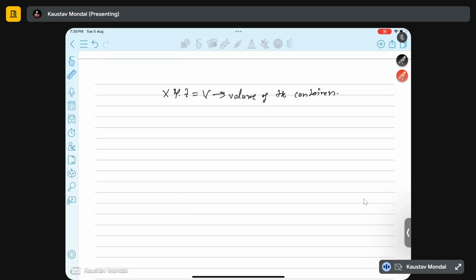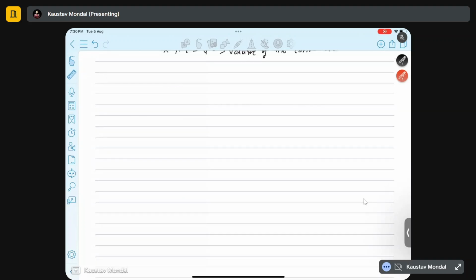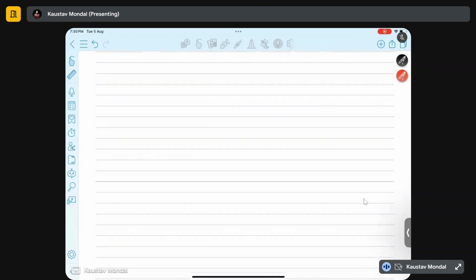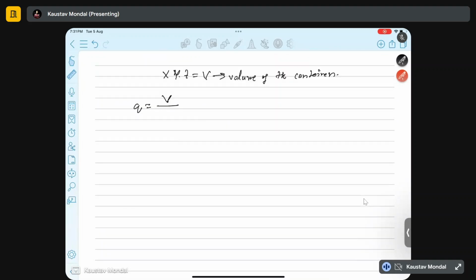Then Q would be simply V by lambda cube. So this is the expression of the partition function for a particle moving in a 3D system.